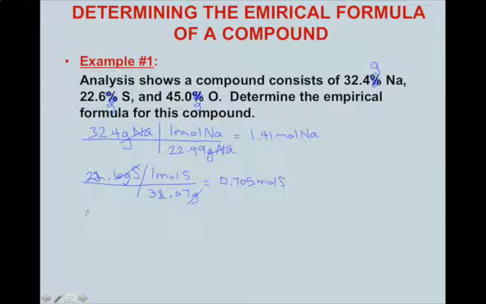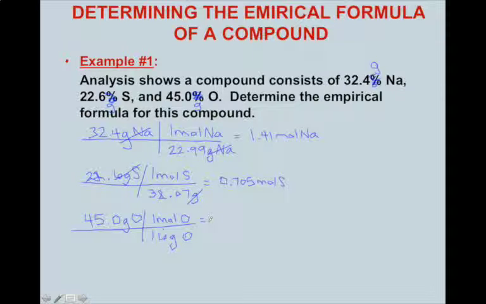Last one, 45.0 grams of oxygen, 1 mole oxygen. And guys, if for some reason this lag is really behind and this is a terrible video, I apologize again. There are more videos online.